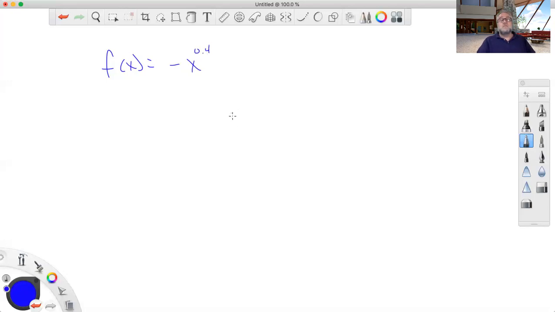What's that going to be? Minus, so we're at the bottom half, below the x-axis. The exponent is less than 1, so it's going to be one like this. Right? Look at the picture we drew, and you can see this one is there.